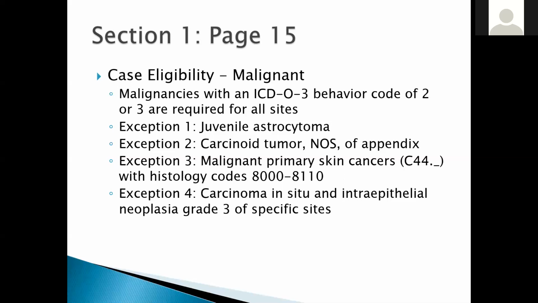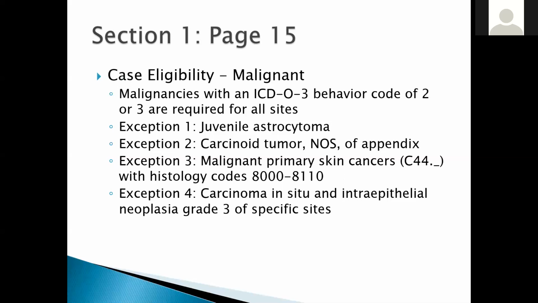Exception 2: effective with anyone diagnosed on January 1, 2015, a carcinoid tumor of the appendix is required to be reported. This type of case was not submitted in the past, but is now submitted with a behavior code of 3 and is no longer considered a tumor with a behavior of 1.